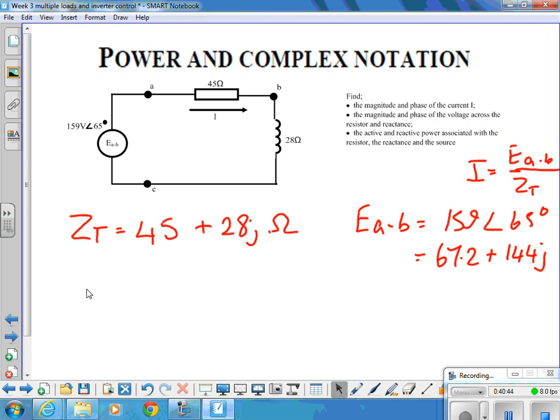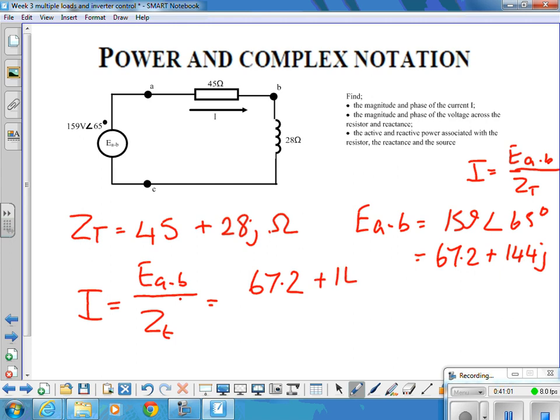Now we can do I is equal to EAB over ZT, which is 67.2 plus 144J over 45 plus 28J.